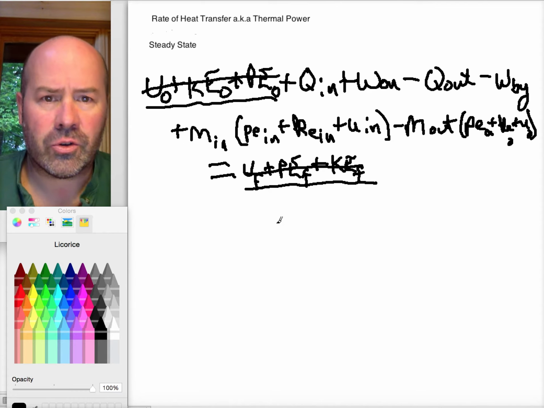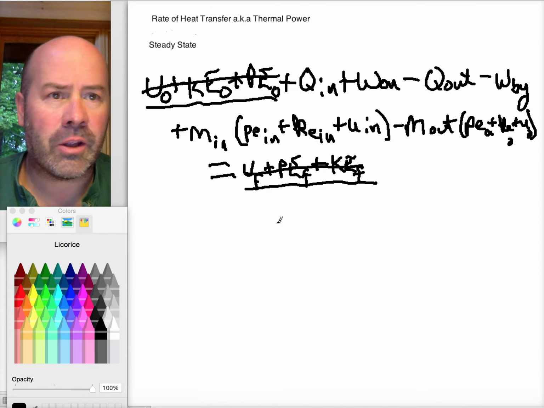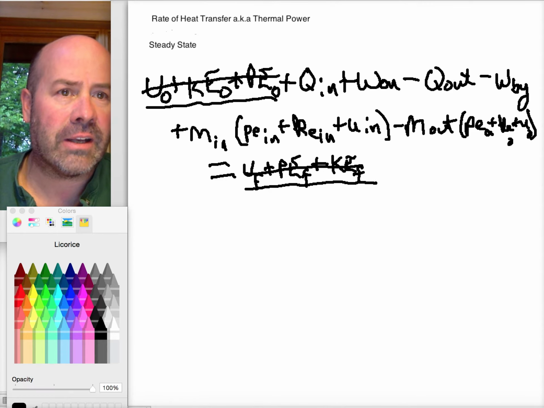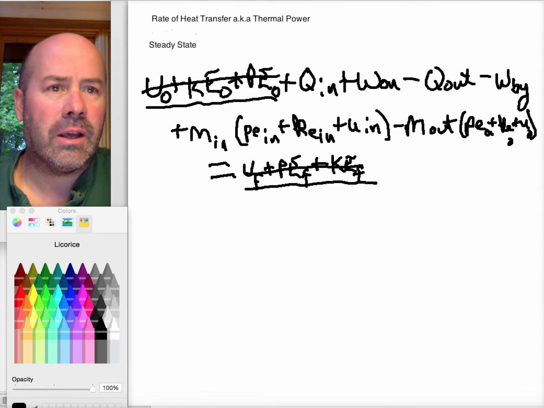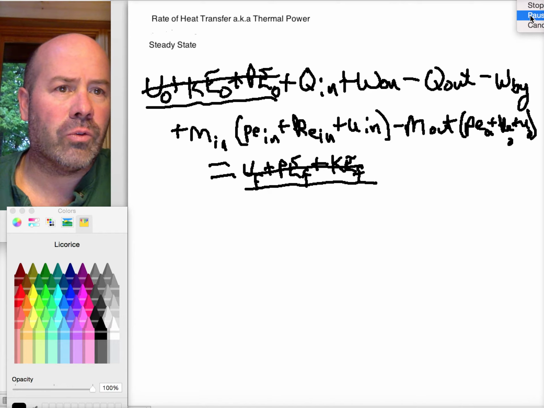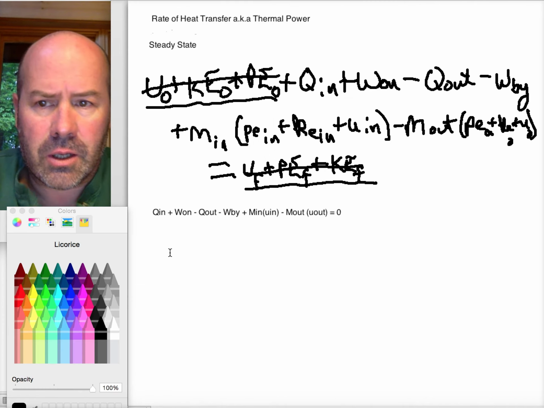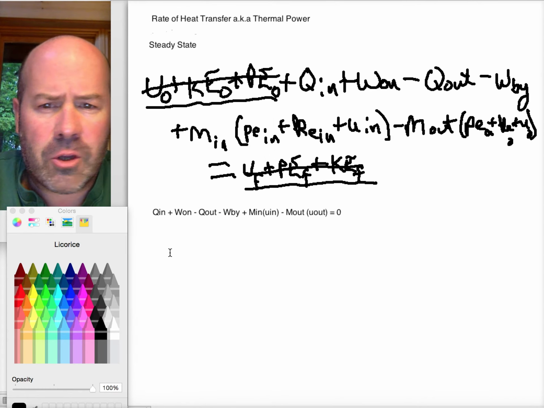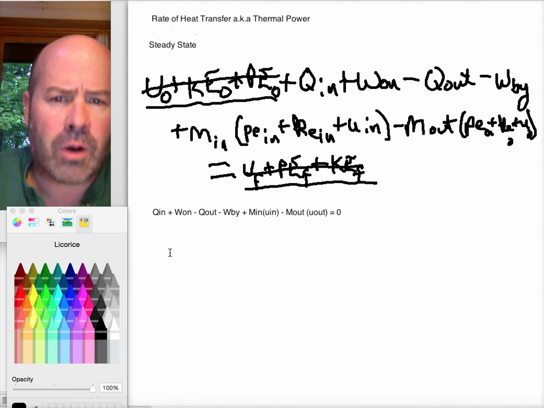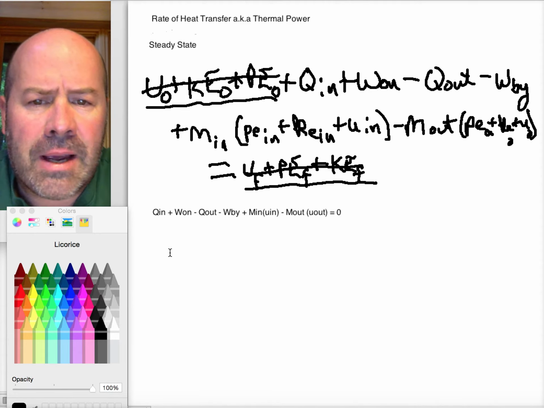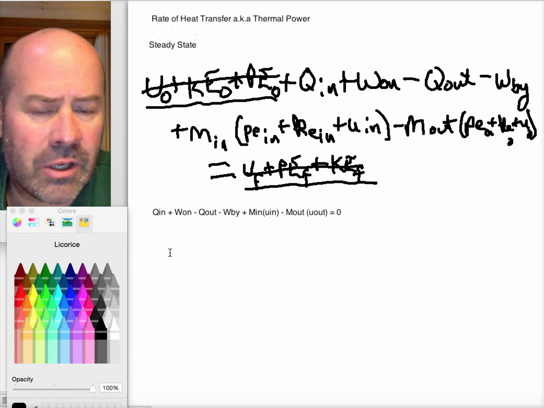I'm going to go ahead and rewrite the equation, and I'll hit pause to do that, and once I get it done, you can join me in writing it in your notes. So I've typed the equation: Q in plus W on minus Q out minus W by plus mass in times u in minus mass out times u out.